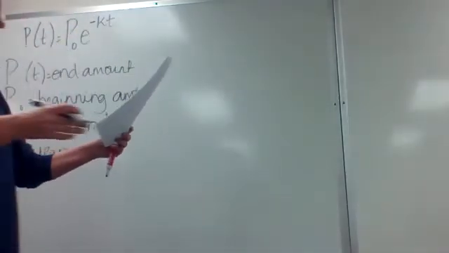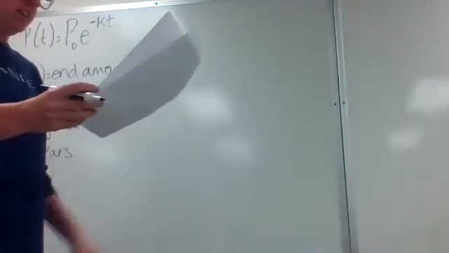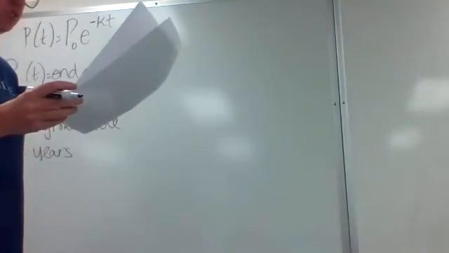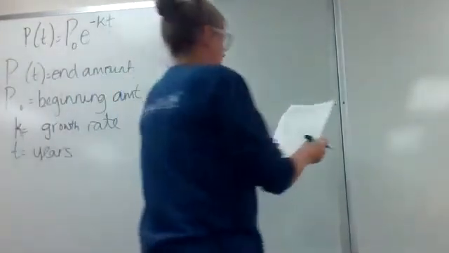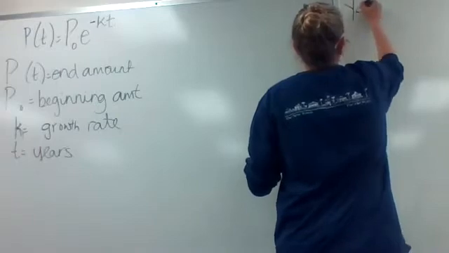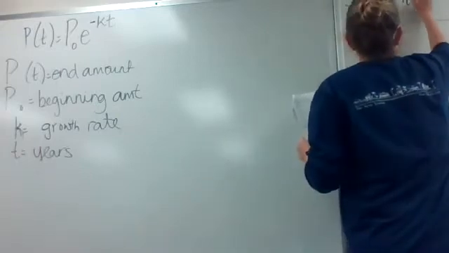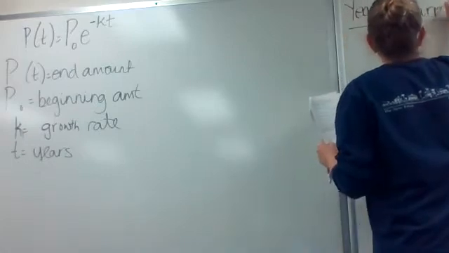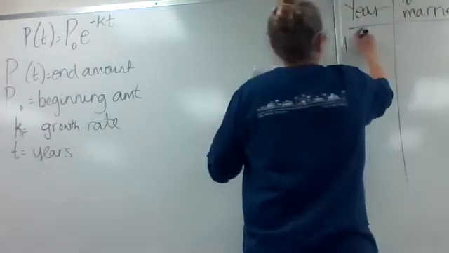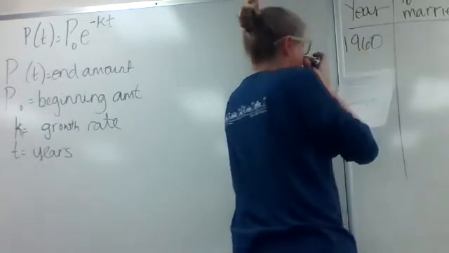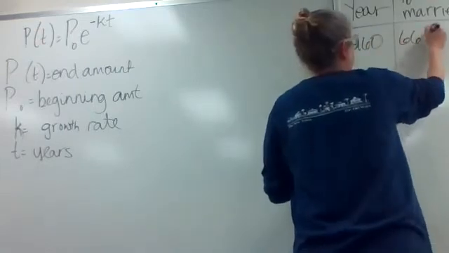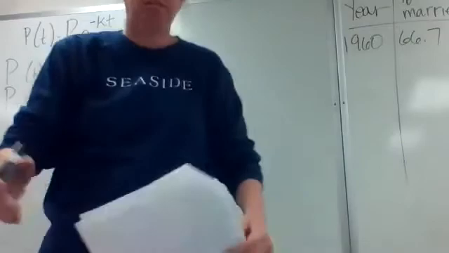All right, the data in the table shows that the percentage of adults in a country who are currently married is declining. In 1960, 66.7% of adults were married.